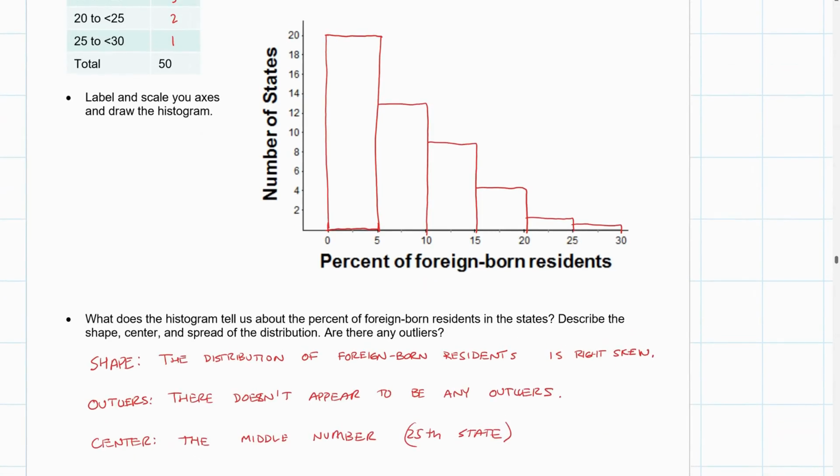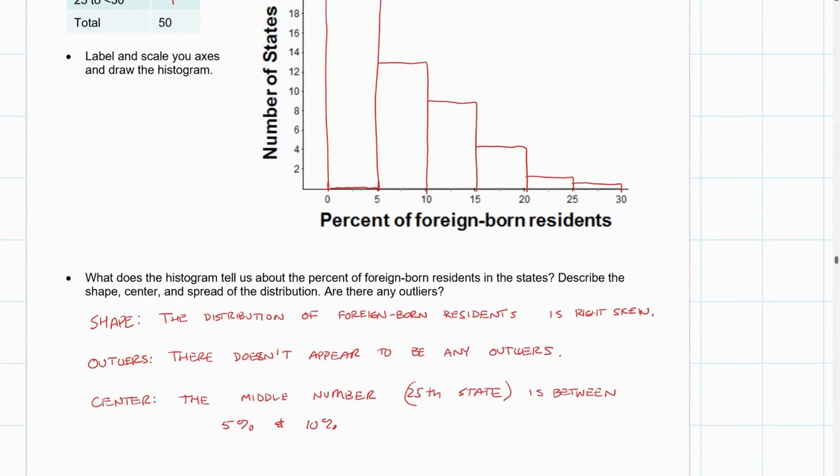So the middle number is between 5% and 10%. Again, more information in the next section as we try to nail down this idea of middle number, which we're going to rename as the median.